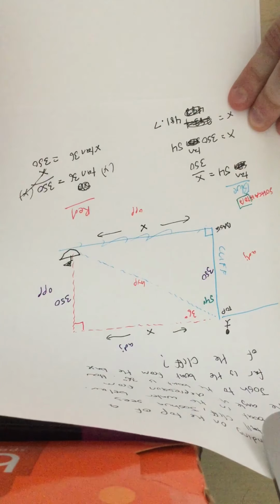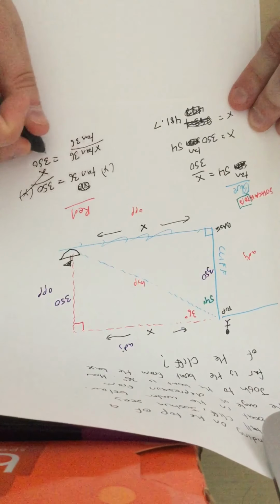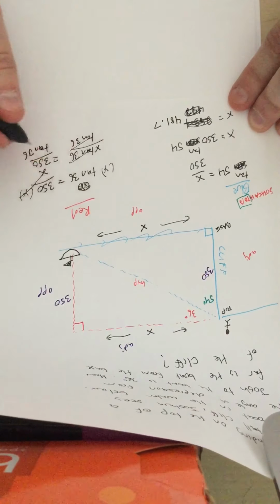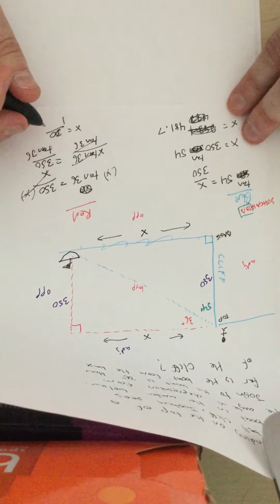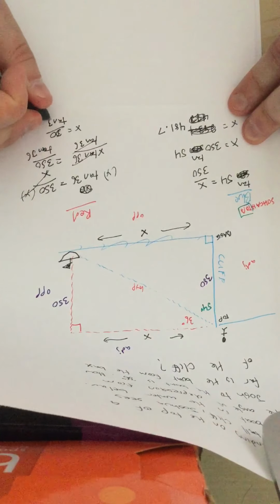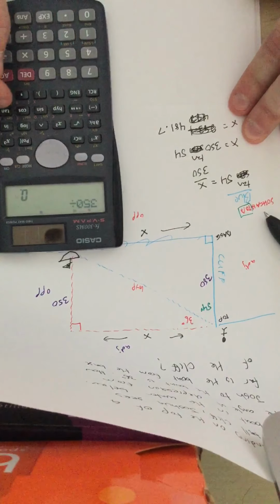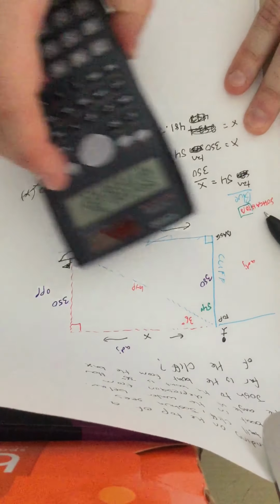And then we divide both sides by the tangent of 36. So x equals 350 over the tangent of 36. I apologize for the horrifying handwriting. So 350 divided by tan 36, and hopefully it gives the same answer. And it does. It's 481.7.